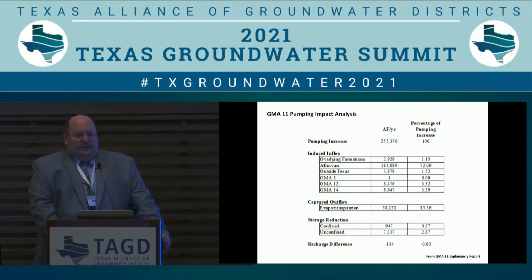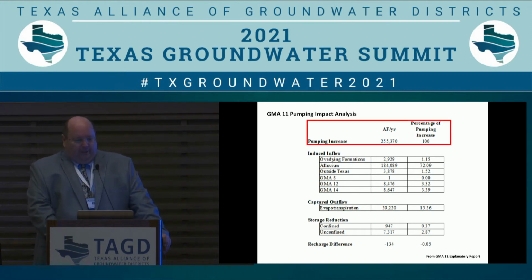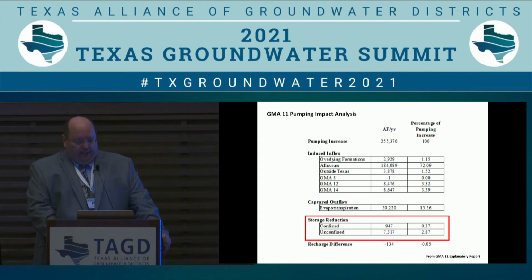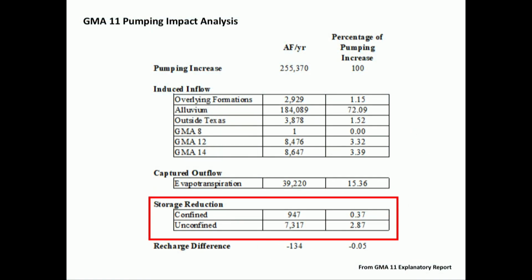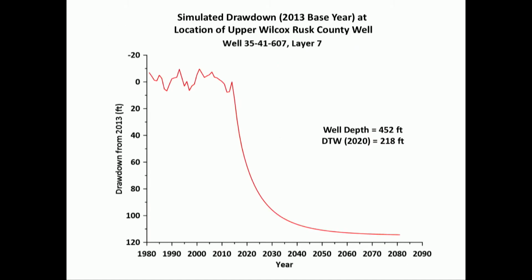So we can take that pumping number, 255,000 acre feet, that's the pumping increase, and we can break it down. The storage reduction, broken out into confined and unconfined, works out to a little over 3%, there on the far right, of the total pumping increase.